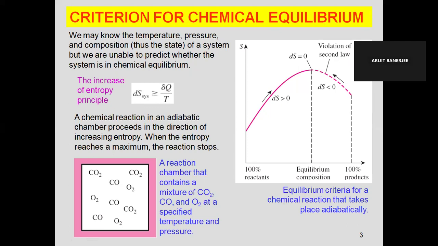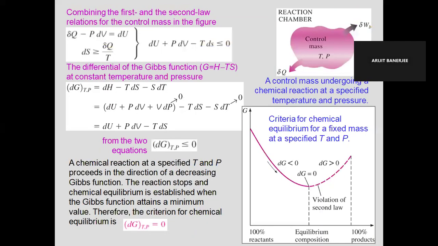And if the process is non-adiabatic, then it's a more general case. Therefore, in that case, we have derived it, and we have seen that for a particular temperature and pressure, the change in Gibbs function is negative for the process, and at the equilibrium, the change in Gibbs function of the system is zero.